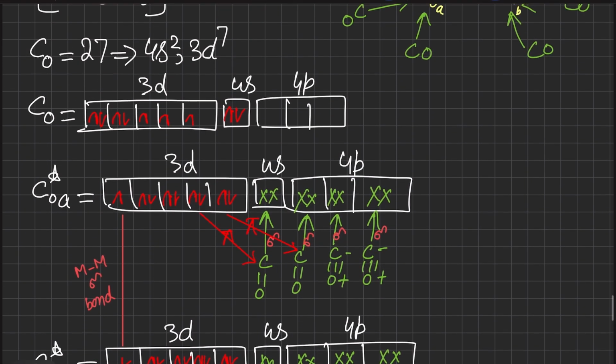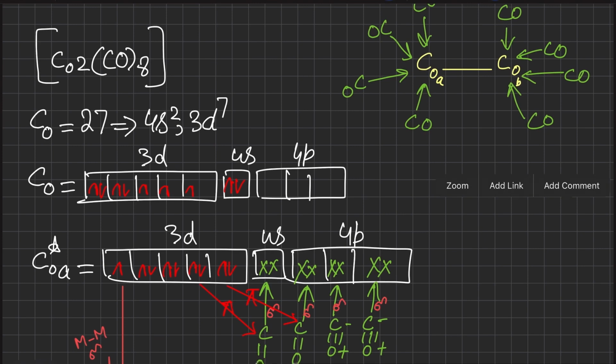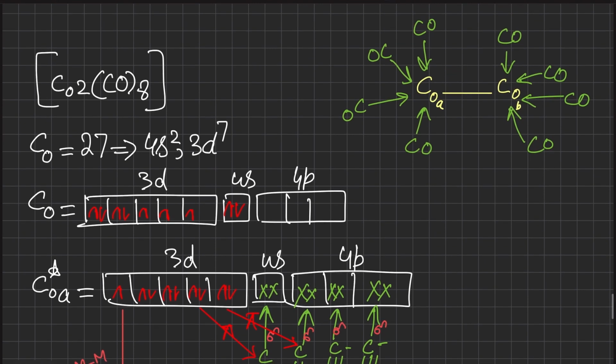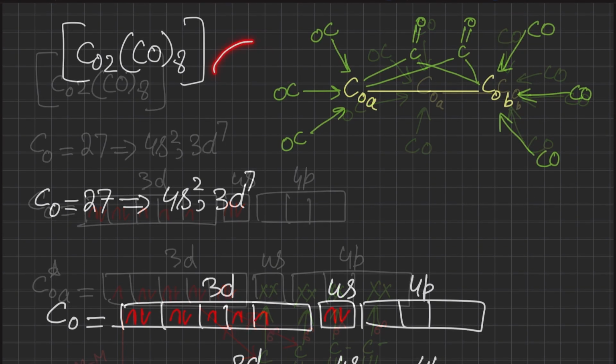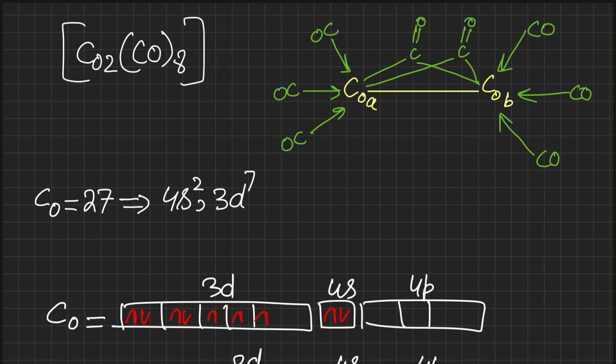So this was the bonding situation of octacarbonyl dicobalt. So here is the other arrangement of octacarbonyl dicobalt. Again here there are two atoms attached with a metal metal sigma bond, and each with 3 carbonyls.